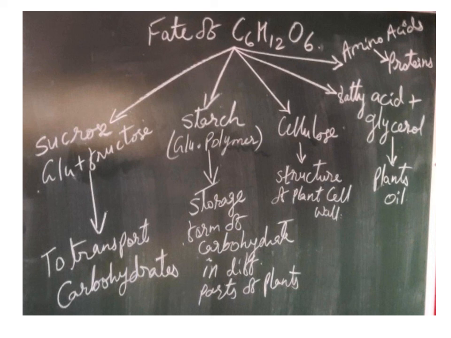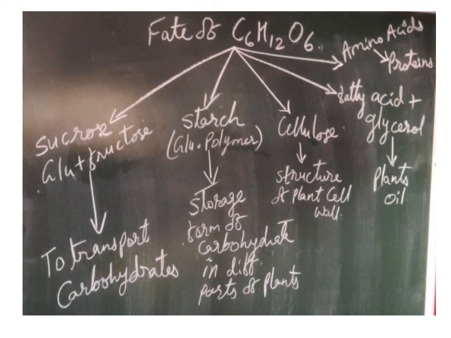Sucrose is nothing but a disaccharide, a combination of glucose plus fructose, which is responsible for the transportation of carbohydrate in plants. Another, it is used for starch. Starch is nothing but a polysaccharide, a glucose polymer, a long chain of glucose, which is used for the storage of carbohydrate in different parts of the plant.